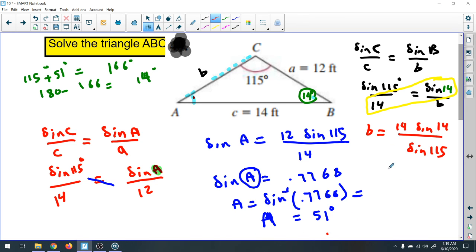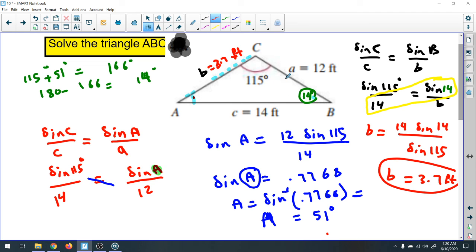So b equals 3.7 feet. You got b, which is 3.7 feet. So we now know all sides.